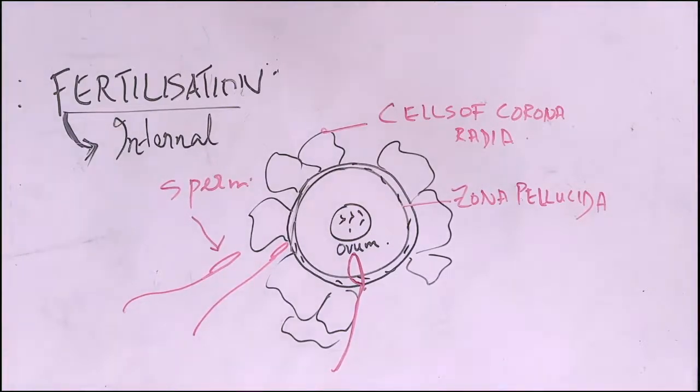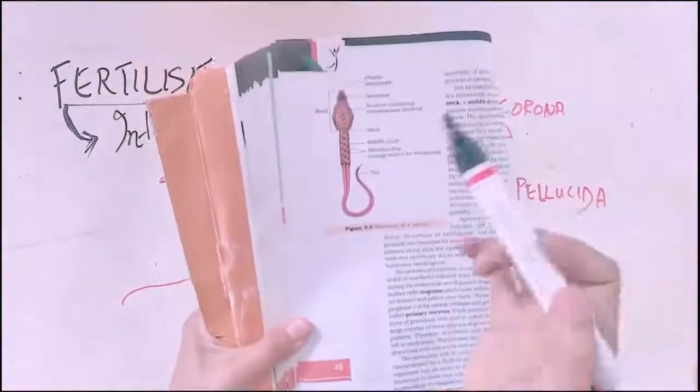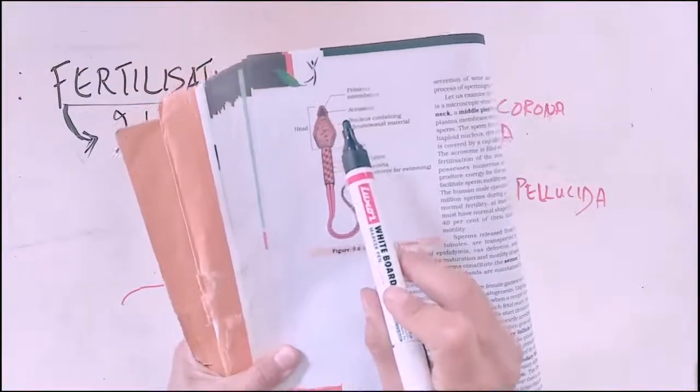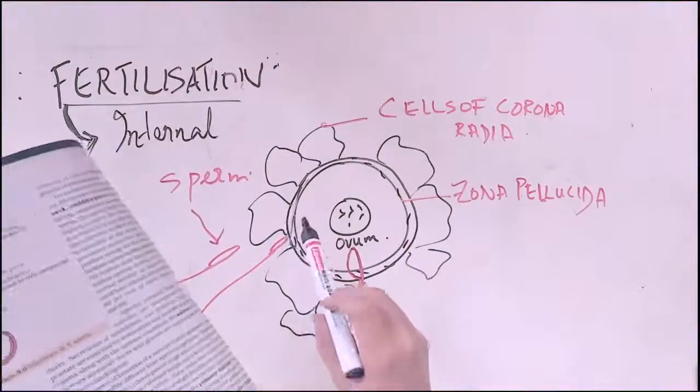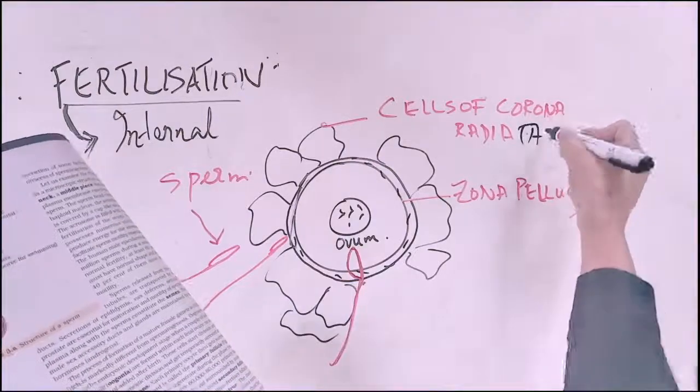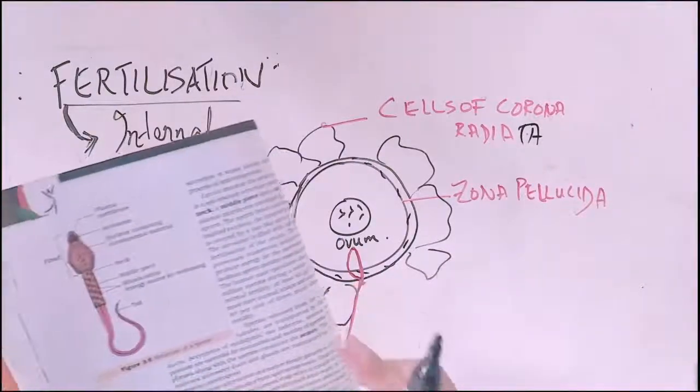Look at the structure of the sperm. The sperm head has the acrosome. The acrosome has enzymes that degrade the corona radiata cells, and only then can they go through.